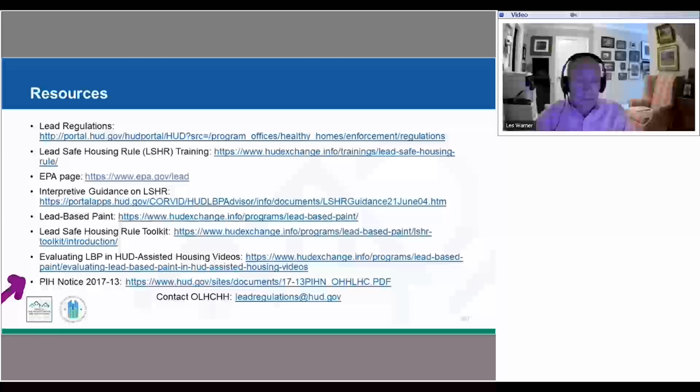There's a question that came in, Les. I don't know if you know the answer to it. We might need to rely on our HUD staff, asking about, is there any easy way to determine if age-restricted projects are in fact age-restricted versus head of household, to see if it meets the exemption for the lead-based paint regulations? Do you know, or should we call on one of our HUD staff? Well, it may vary a little bit with the type of funding and how they specifically document that program by program.